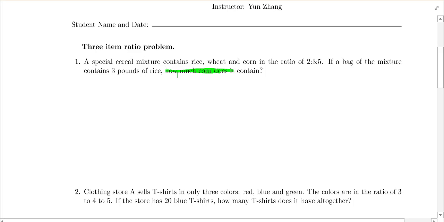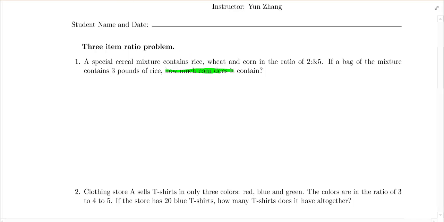That's the question. And if you read the question, it's quite natural to use the first letter of some keyword to define the notation. For example, it's talking about rice, wheat, and corn, and it's talking about weight, because the unit is pounds.